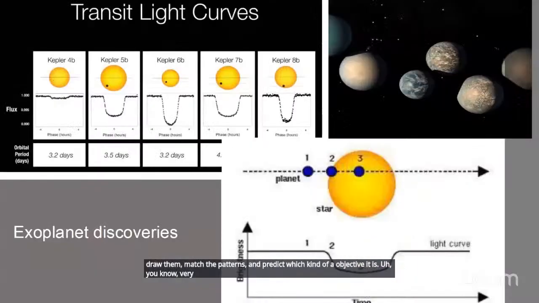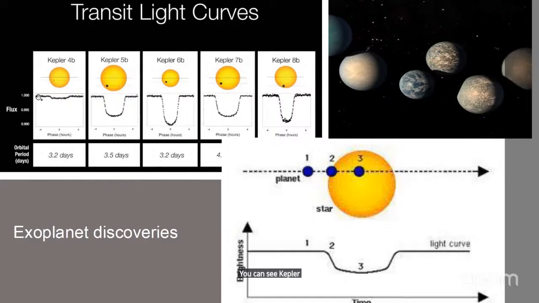So you can classify many of them in a short time. Looking at these light curves, you can see Kepler 4b, which has a very flat light curve, while Kepler 5b shows a bigger dip. There's a bigger drop in the intensity, and so on.